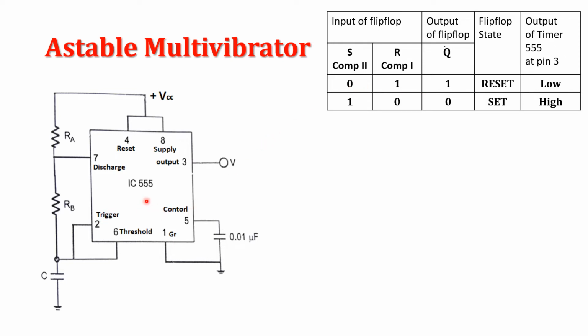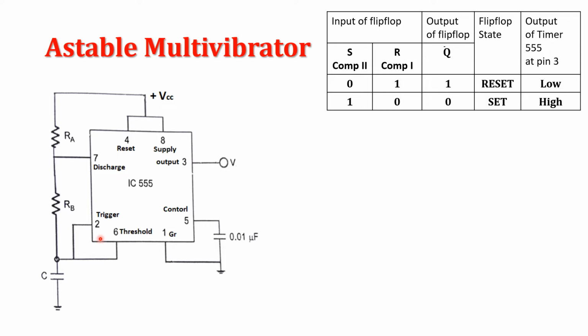We say the actual working of an astable multivibrator, when supply is on, then what happens? The voltage across pin 2, that is the trigger, is below 1/3 VCC.